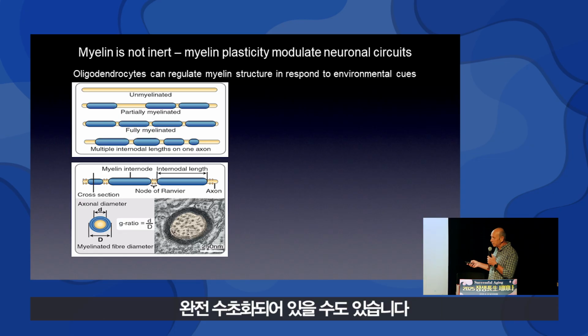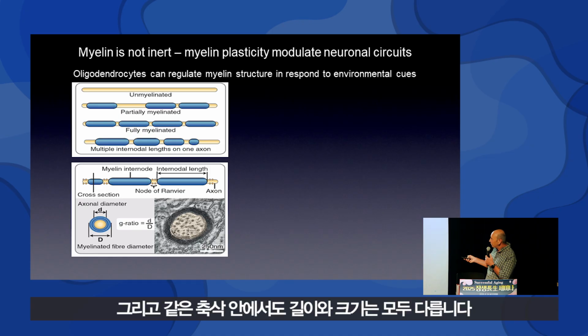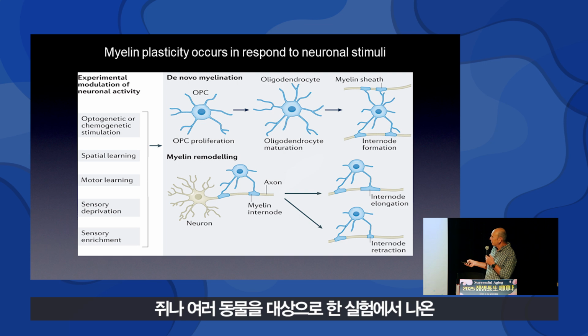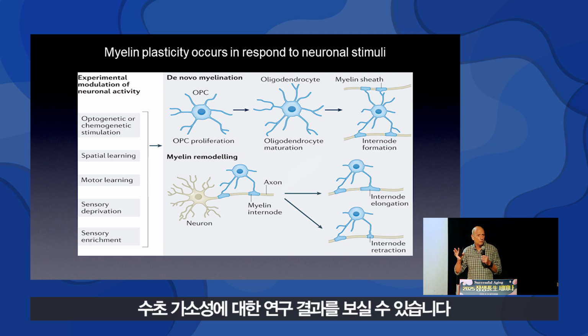So nerve cells can be either non-myelinated, partially myelinated, fully myelinated, or their myelin can become different types and shapes. And these changes, for example the thickness of the myelin, can be regulated by the brain activity. These are experiments mainly done with experimental animals like mice, for example.